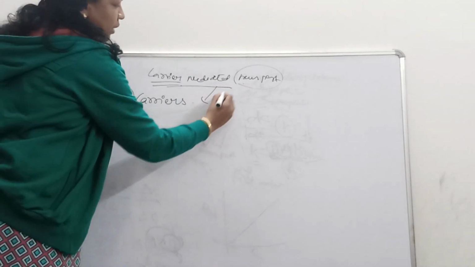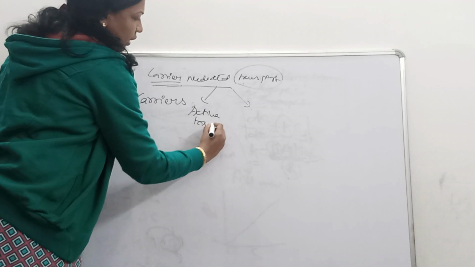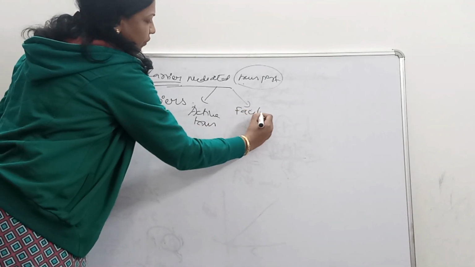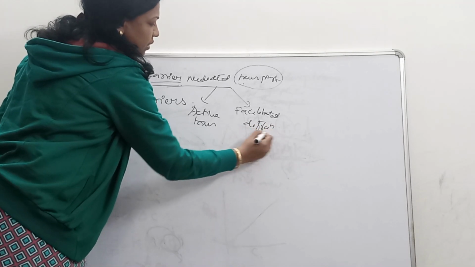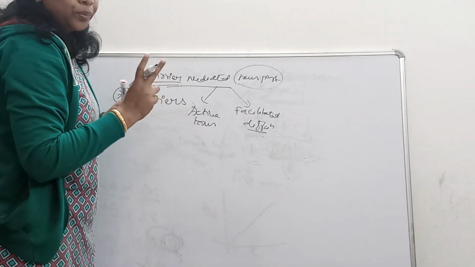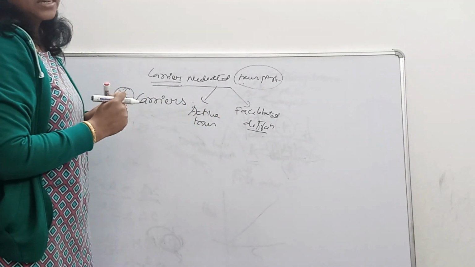Under this carrier mediated transport, we have active transport and facilitated diffusion. Just check, I have mentioned this word diffusion in two mechanisms: one in passive diffusion and another in facilitated diffusion.